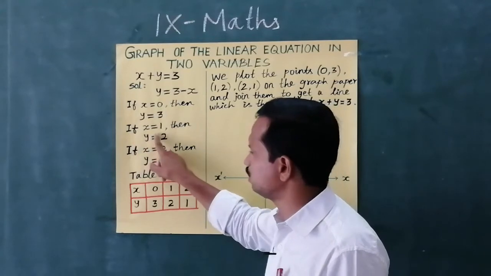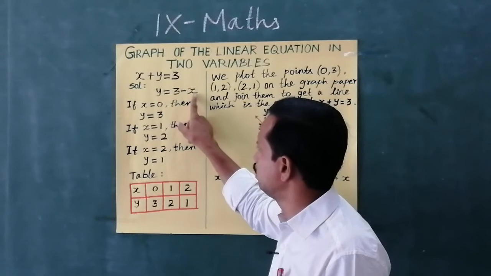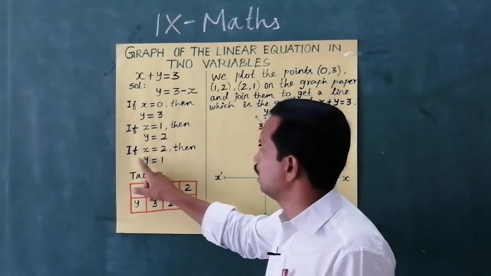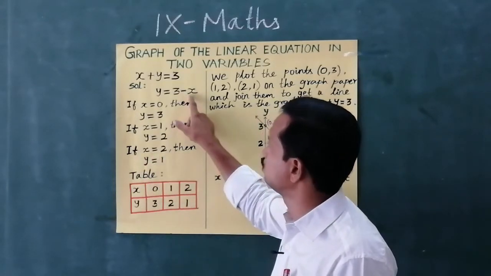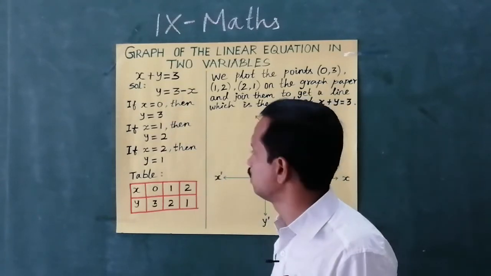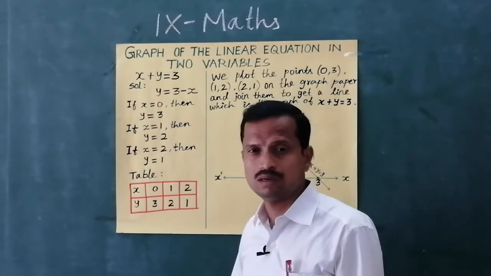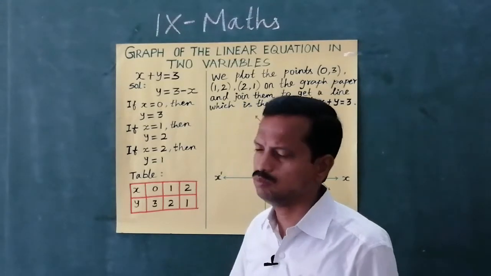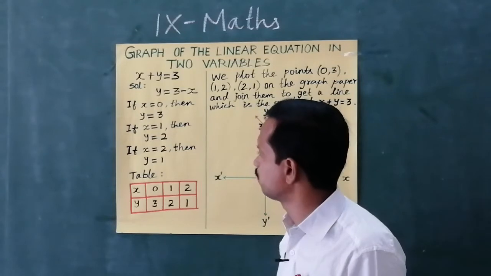If x equal to 1, then 3 minus 1 becomes 2, so y equal to 2. If you take x equal to 2, 3 minus 2, we get 1, so y becomes 1. Like this we have to find minimum 3 points. 2 is enough to draw a line, but if you find one more it is very clear.